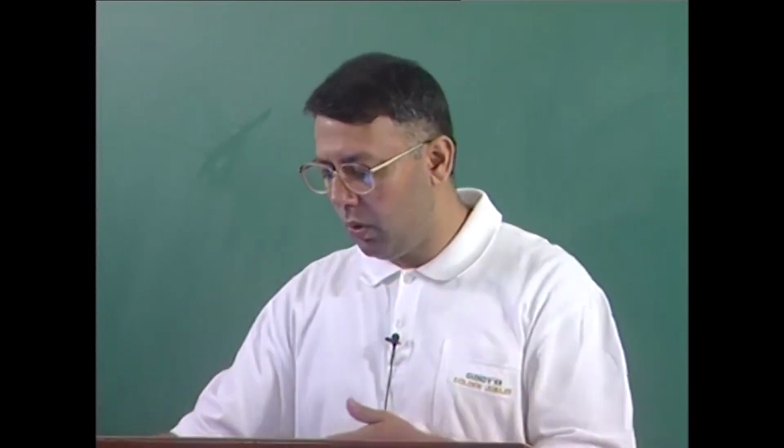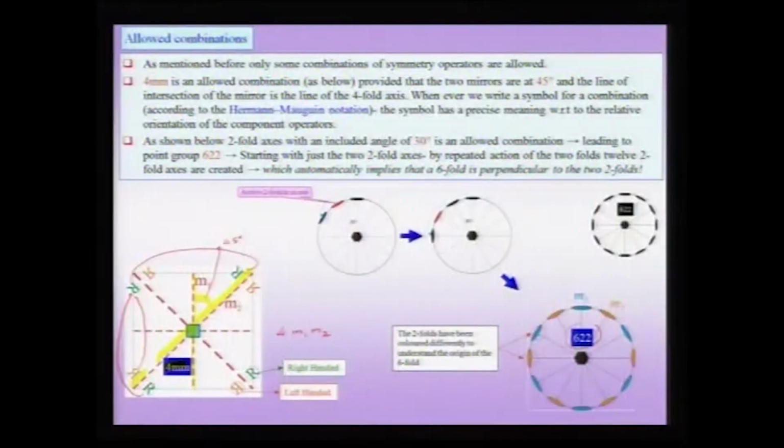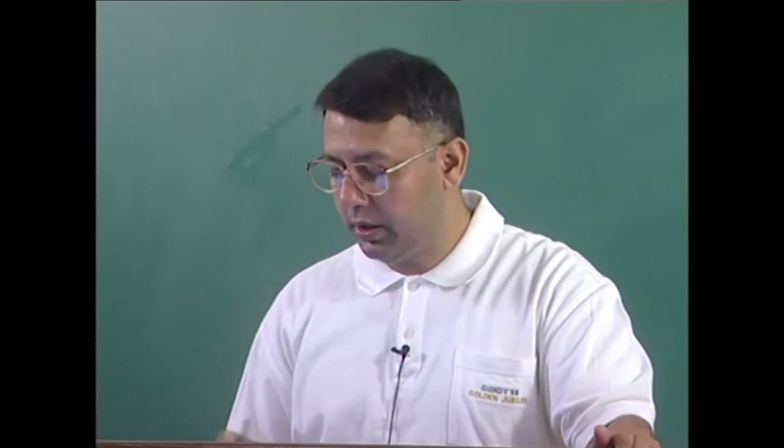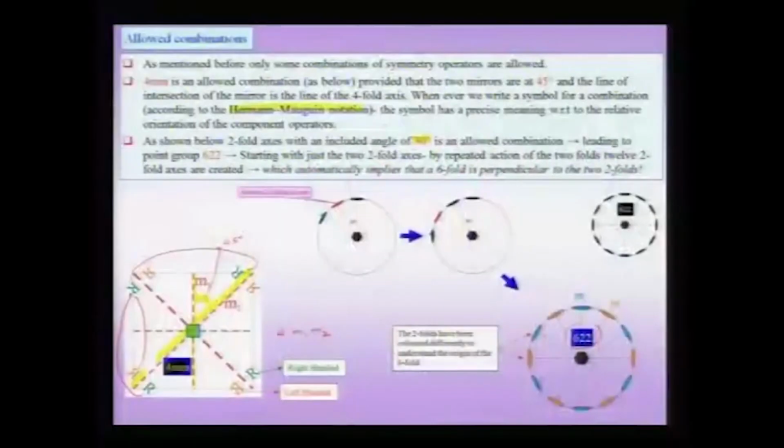Now, another allowed combination is shown here, which is the 6-2-2, and these combinations are typically written out using what is known as the Hermann-Mauguin symbol, which is a shorthand notation for these symmetry operations. And in the second example shown here, as I had pointed out before, if I am talking about two-folds, any arbitrary angle between the two-folds is not allowed, but a 30-degree included angle, as shown here, is an allowed combination.